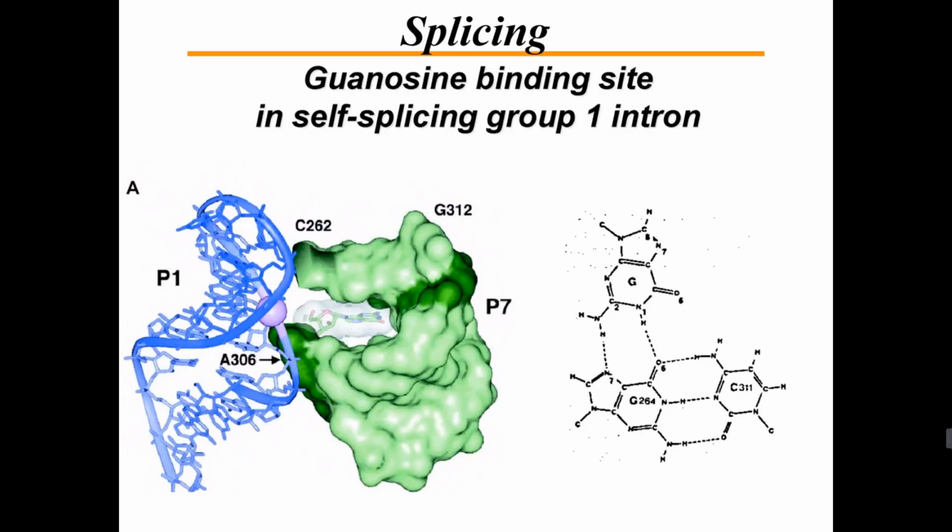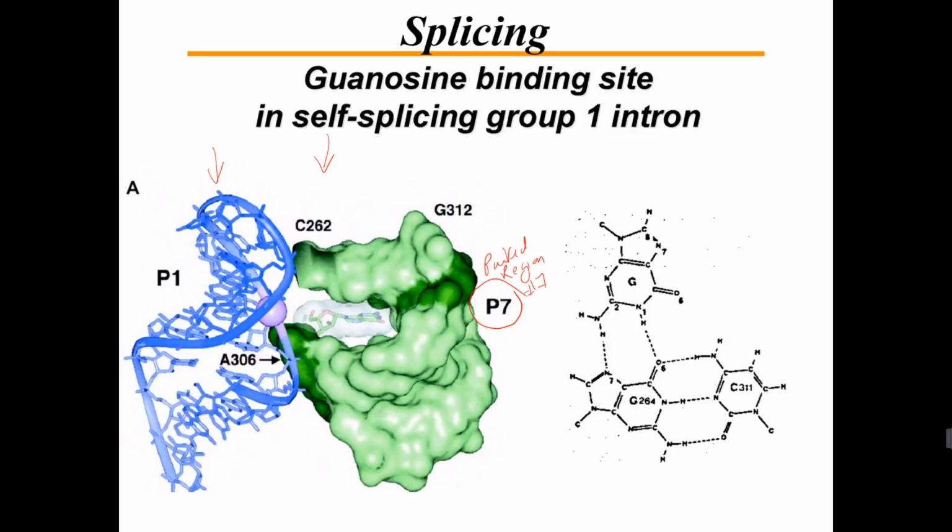And if we look at the figure over here on the left, we actually have a space-filling model of one of the regions that's denoted over here in blue, called P7. Okay, so P7. So this is paired region number 7, which makes up the active site.